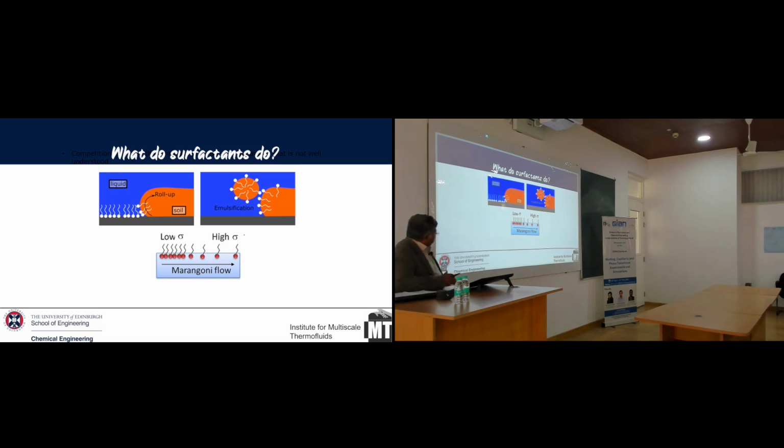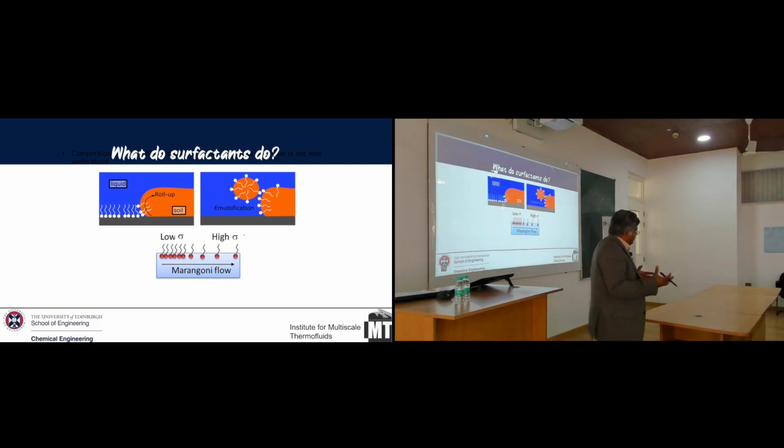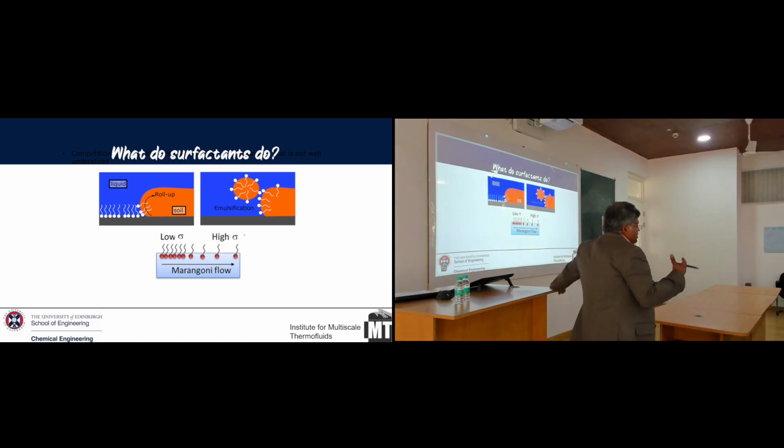I mean, here is some further explanation of what happens, because surfactants have a hydrophobic end and a hydrophilic end, the oleophilic end and then the hydrophilic end as well. So basically, the way they interact is that surfactants look for emulsification.